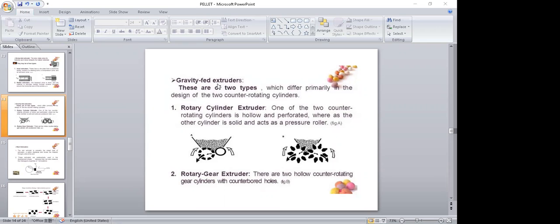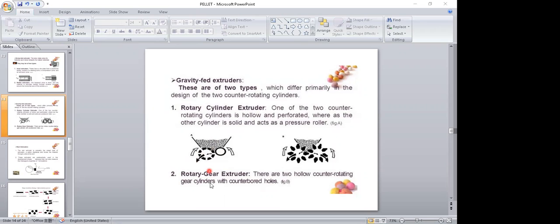First one is the rotary cylinder extruder, in which, as you can observe in this diagram, one cylinder is hollow and perforated, whereas the other cylinder is solid. From this feeder, we are going to feed our material, that is wet mass, and that is going to be pressed in between these rollers. And both cylinders are always in a rotating state.